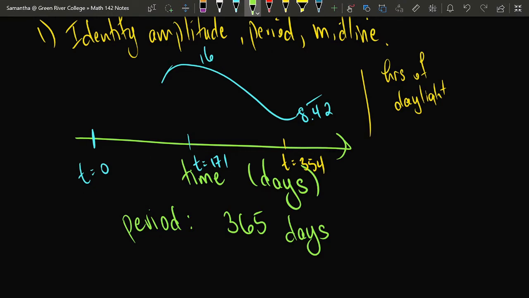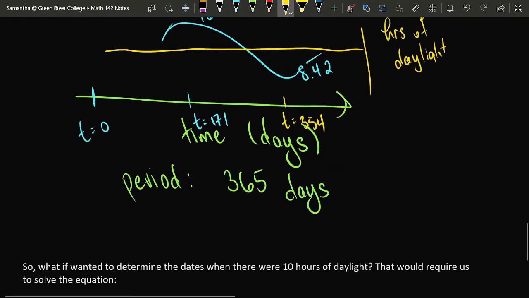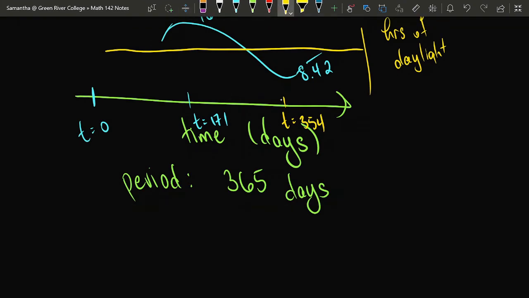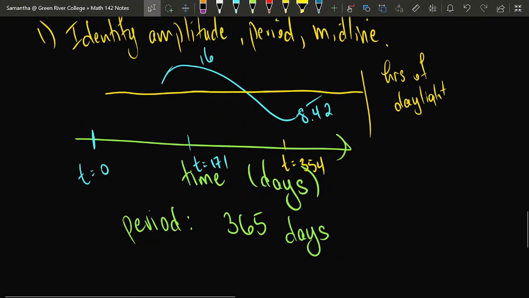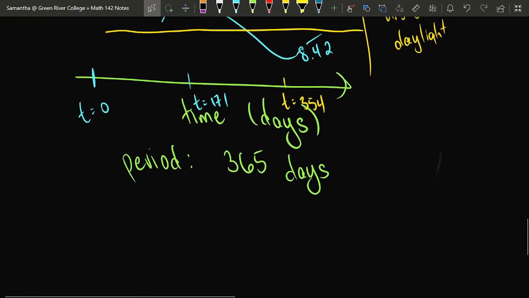Now let's try to figure out, perhaps, what the midline would be. The midline occurs directly between maximum and minimum. And to find the number which is directly between y equals 16 and y equals 8.42, what we can do is take the average.